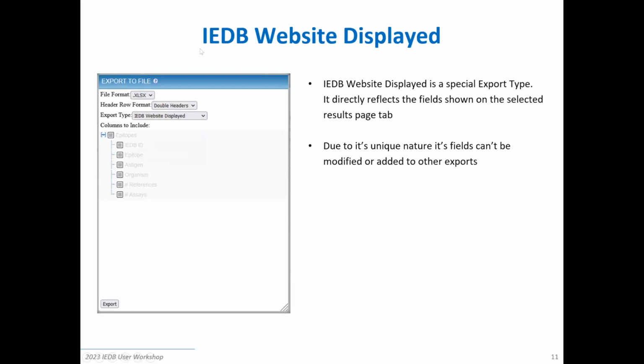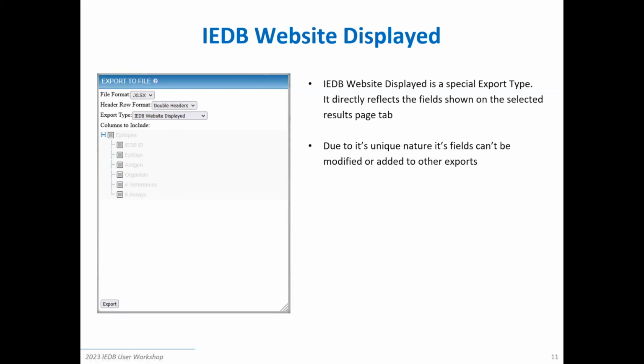So again, because IEDB website displayed is a special one, I want to show it a little bit more for epitope, for example. You can see that it has the ID, the epitope, the antigen, the organism, the reference count, and the assay counts for this one.